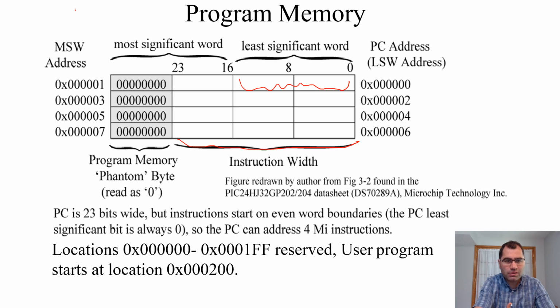What that means is basically one instruction is going to hold 2 address locations. Let's say the program counter starts from 000, all zeros.